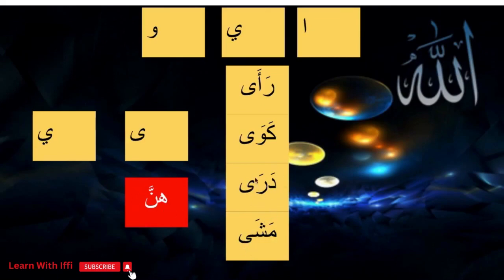Otherwise, if it gives sukoon to the lam kalima, then the verb changes. So to protect the verb, this ya comes to its protection, and then hunna gives sukoon to the ya.